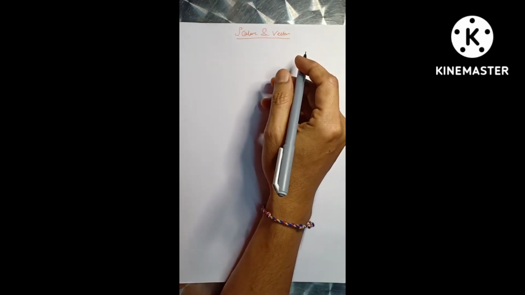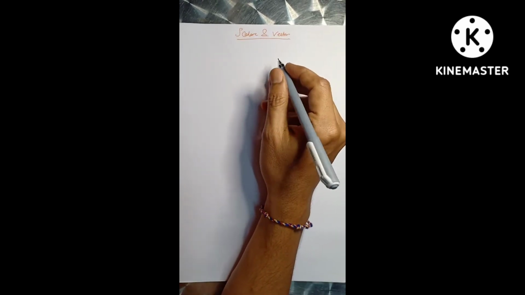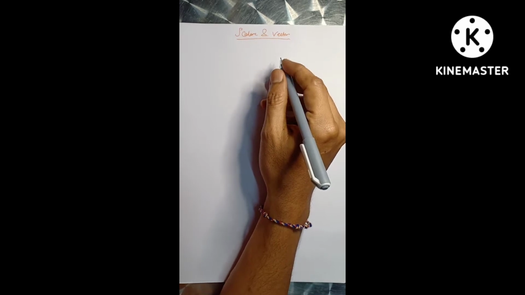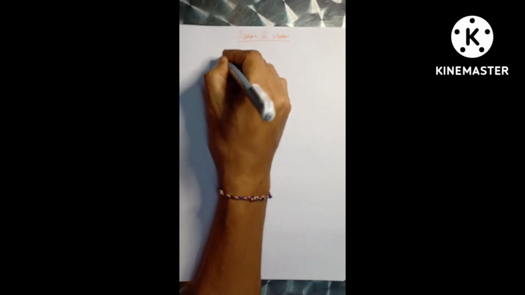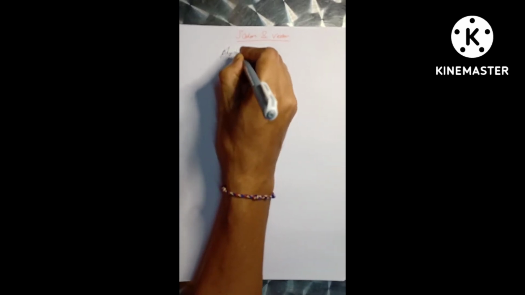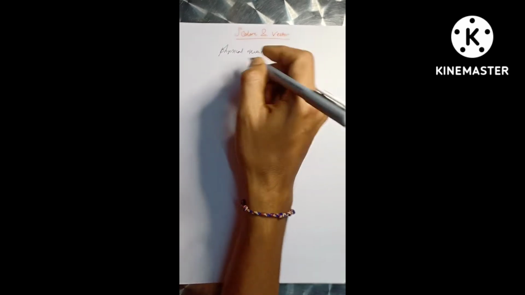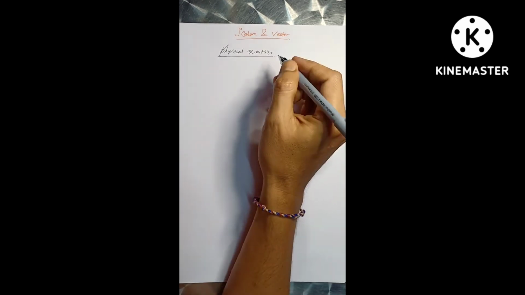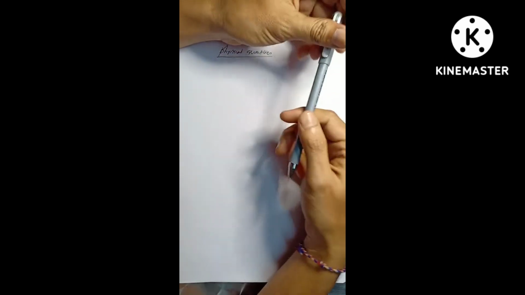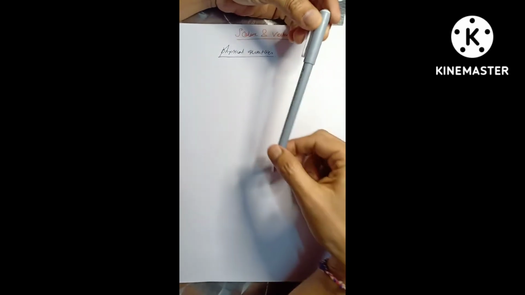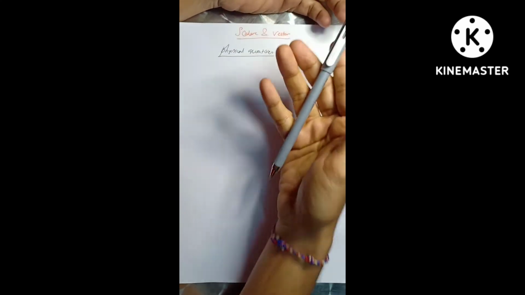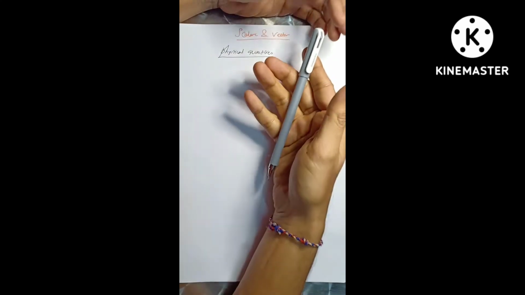Now, first of all, you need to understand physical quantities. Suppose this pen has length, and also has some material in it, which is called mass.